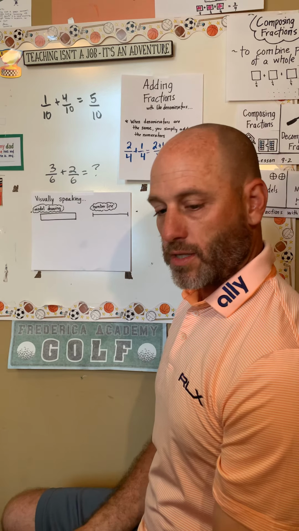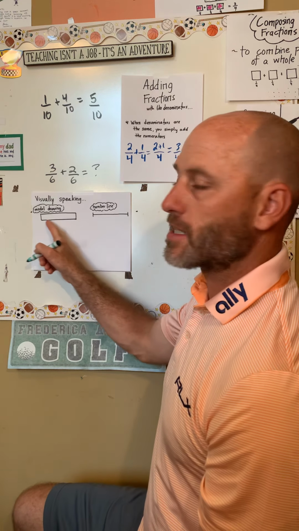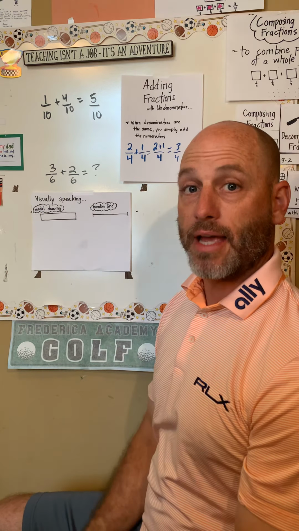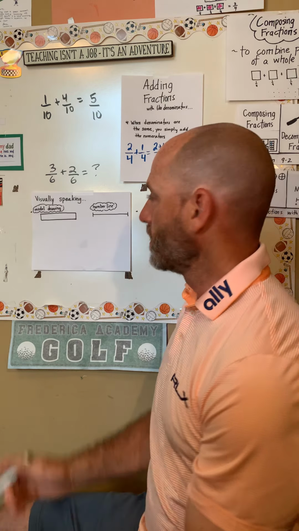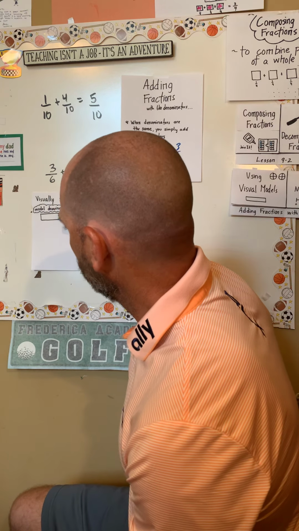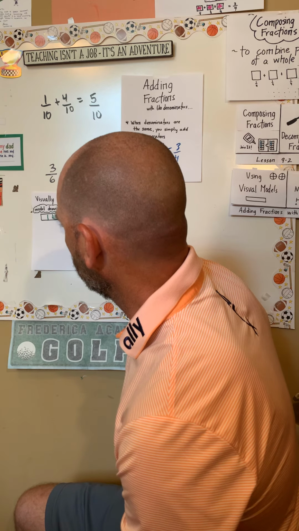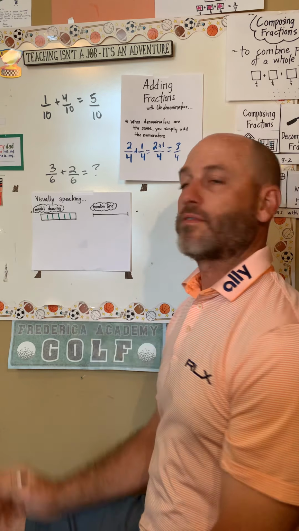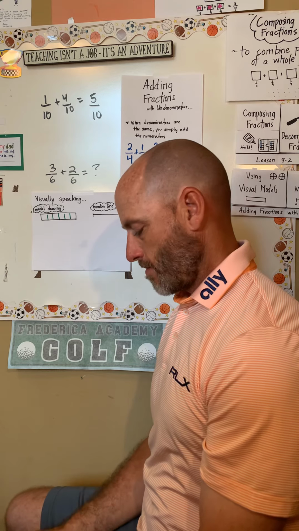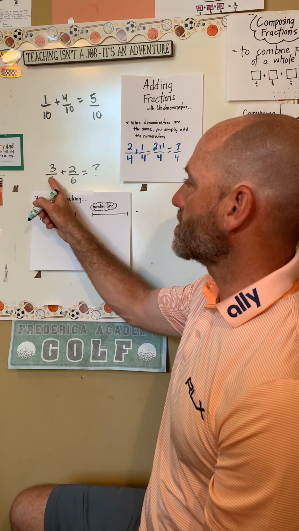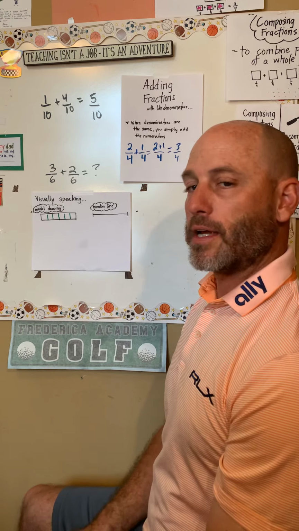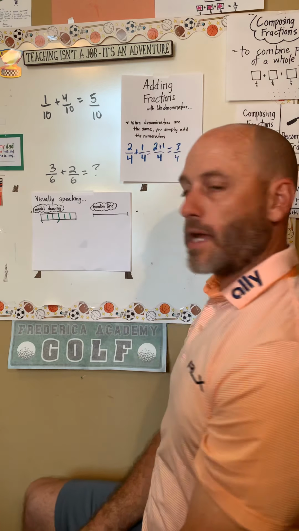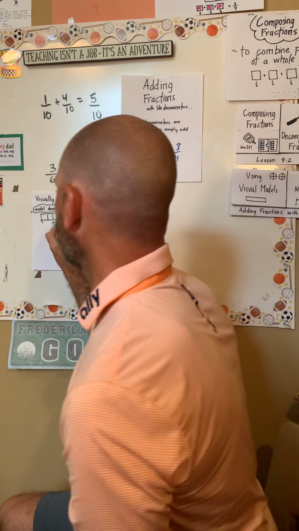Visually speaking, if this represents my 1 whole, I look at my denominator to see how many parts that whole is divided into. That is 6. You can see here how I took my whole and divided it into 6 parts. If I have 3/6, underneath in my model drawing I'm going to draw 2 little inward lines, and that is going to be 3/6.